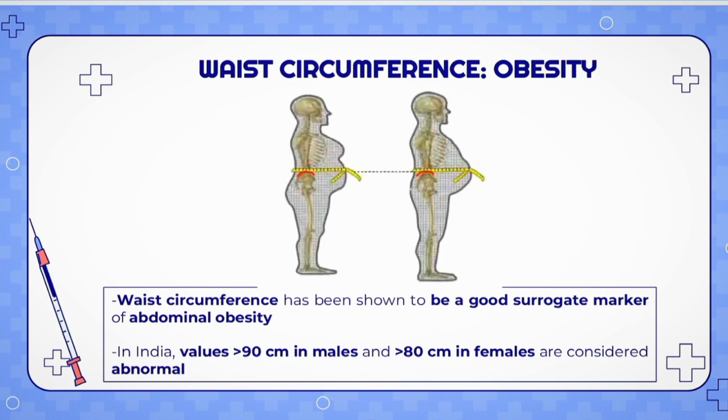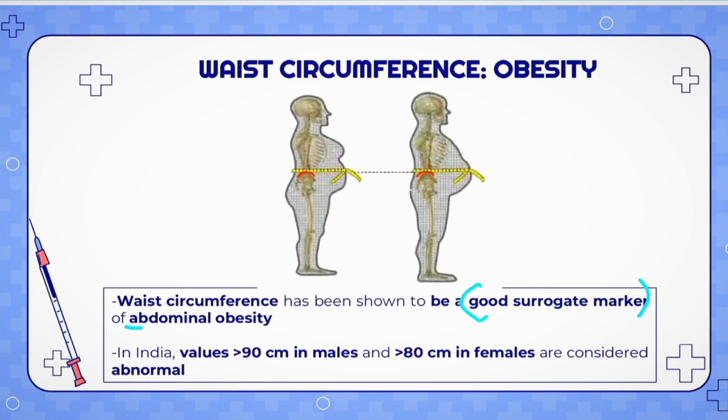Waist circumference measurement in obesity. The waist circumference has been shown to be a good surrogate marker for abdominal obesity. This waist circumference is measured in a standing or straight posture, breathing out, and wrapping a tape around the waist just above the hip bone.